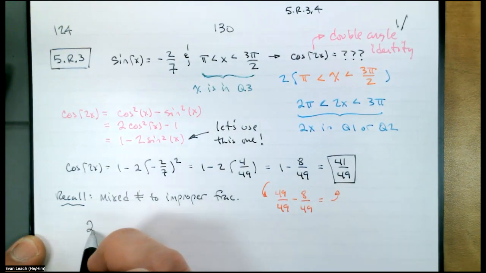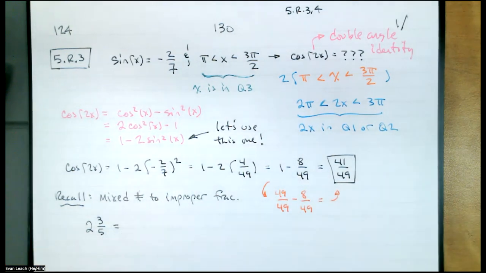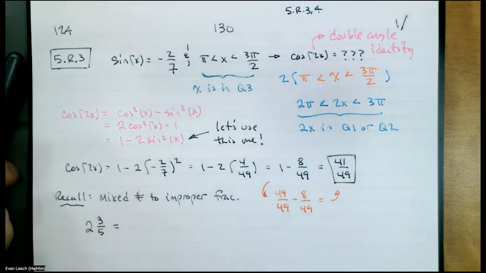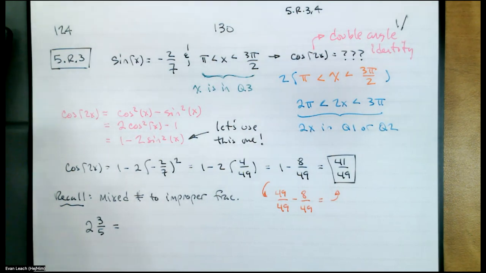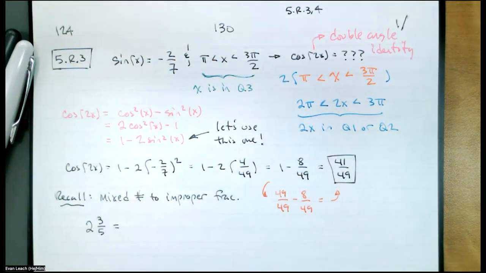So if we have something like 2 3/5, we multiply around. We take the 5, multiply by 2, and add the 3. How many people, has everybody learned that trick? To take 2 3/5 and turn it into an improper fraction, you do 5 times 2 plus 3.